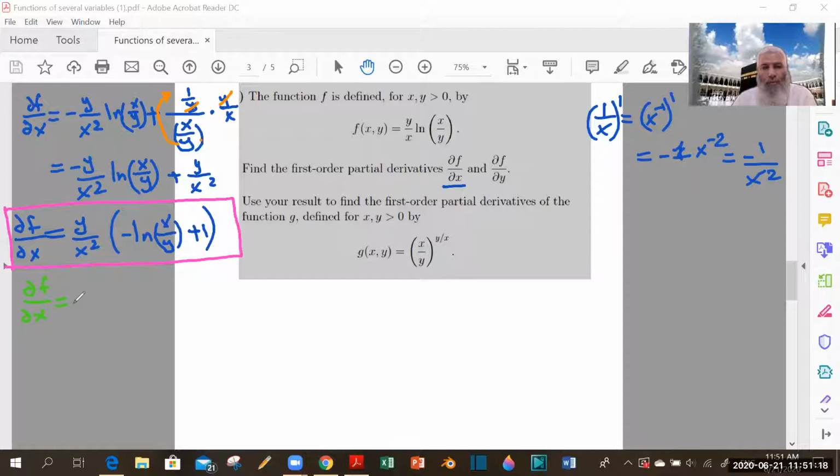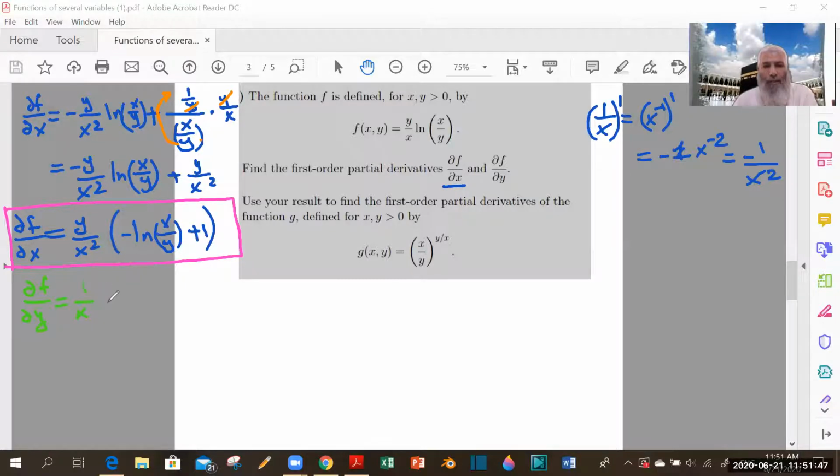The first is y over x, and x is constant, so we can write it as 1 over x. What is the derivative of y with respect to y? It is 1. So this is 1 over x.